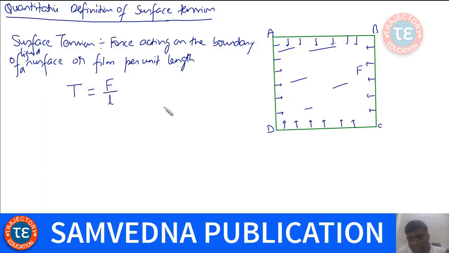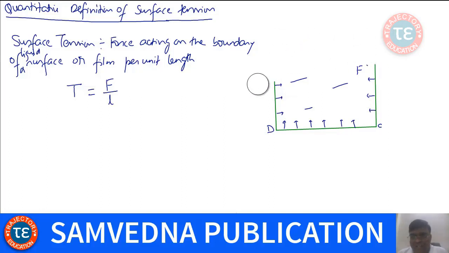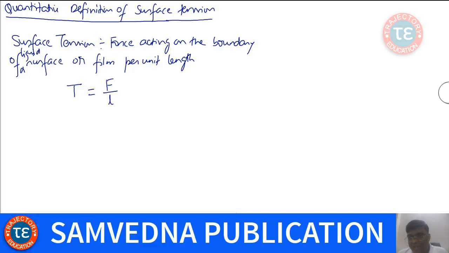I can give you a small experiment by which you can calculate this. Let me give you an experimental setup to find out this T. Suppose we have this wire loop.